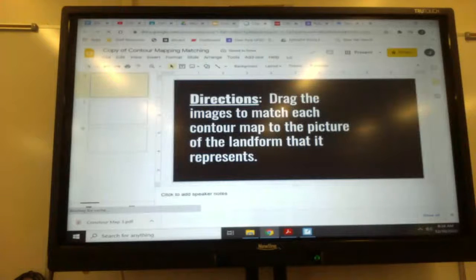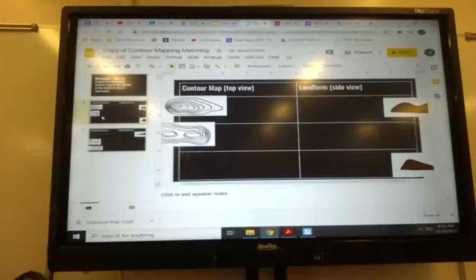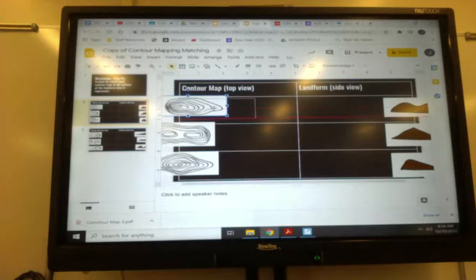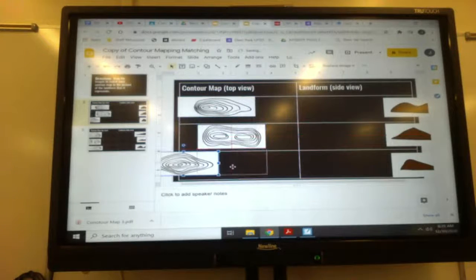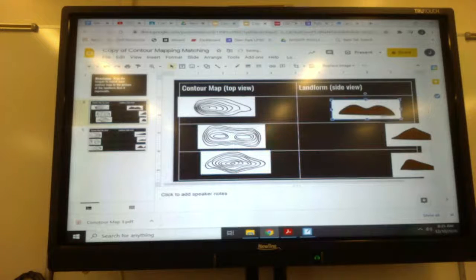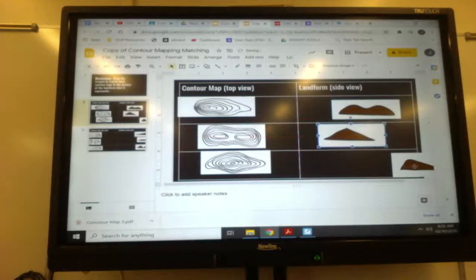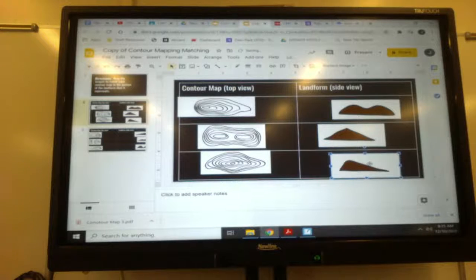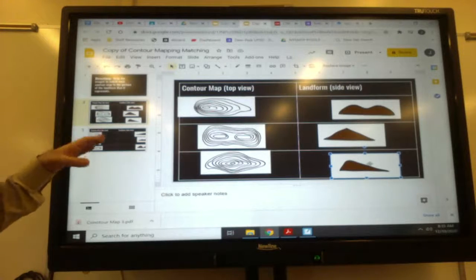All right, so now this should do it. Yes. All right. So again, you're looking at these contour maps here, and you have to match it up with the correct side view. So basically, that's what I was telling you before. You're taking a 2D image and you're trying to visualize it three-dimensional as it is on the right side here. So let me give you a hint.